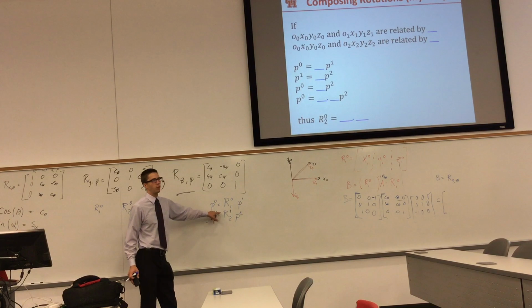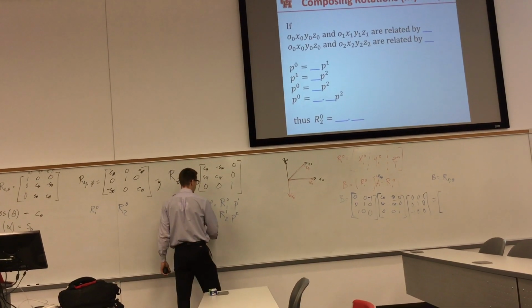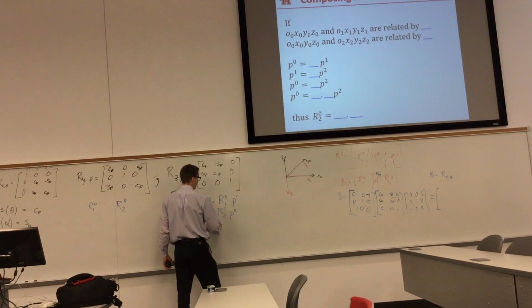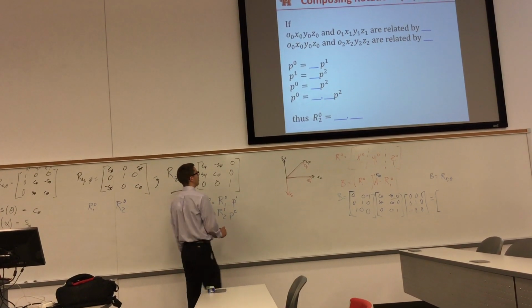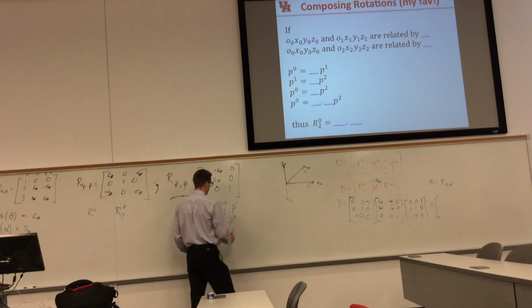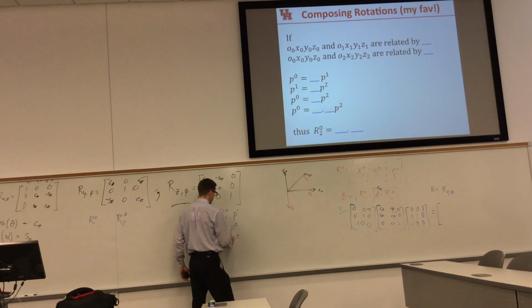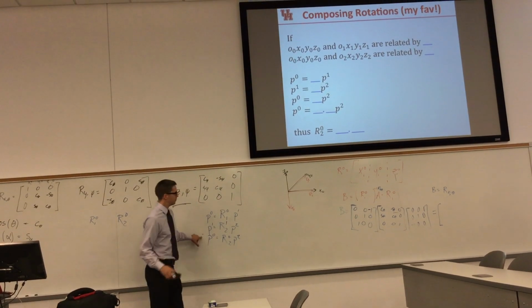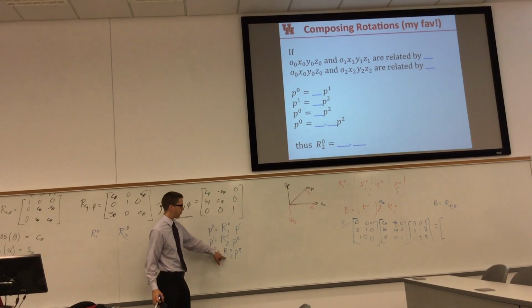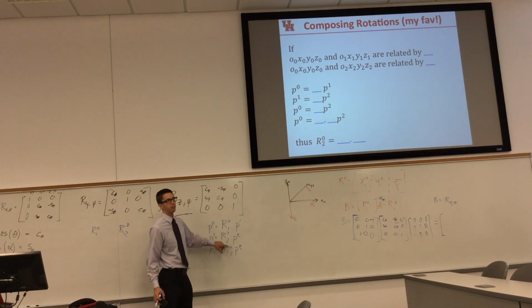I've got to figure out what this rotation matrix is. So we know that P0 is going to be equal to R, and the relationship between P0 and P2 would be this. I'm trying to figure out what is my frame 2 in coordinate frame 0.